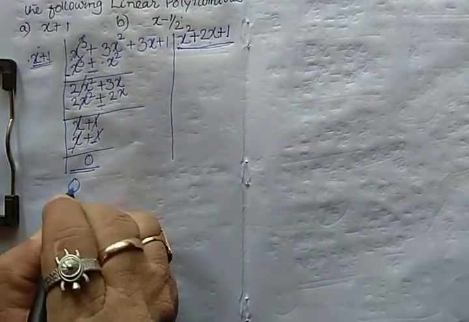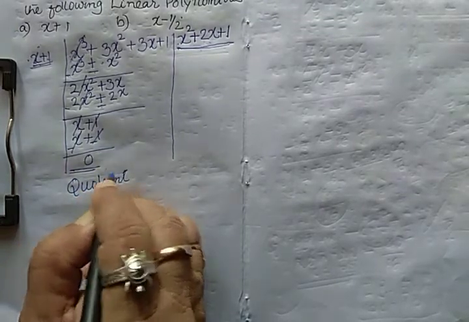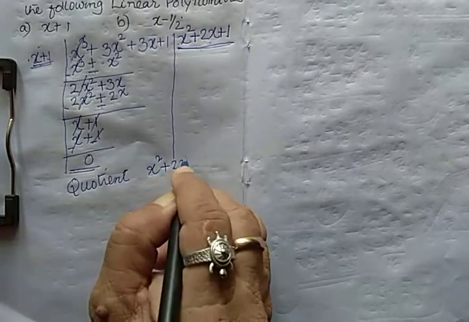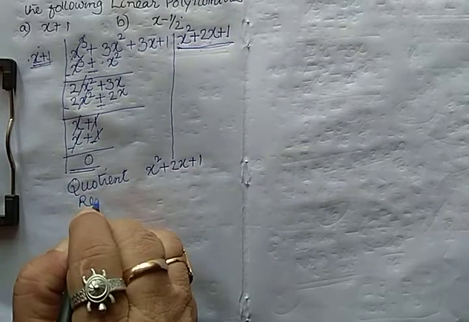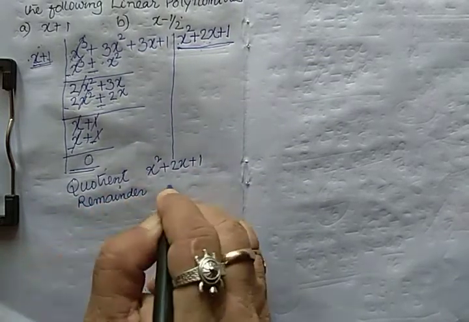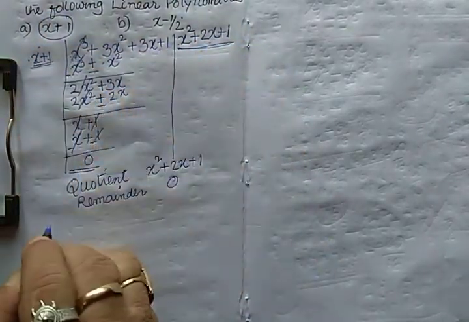So let us write the quotient x square plus 2x plus 1 and the remainder 0. So what we can say? We can say that this x plus 1 is a factor of this polynomial.